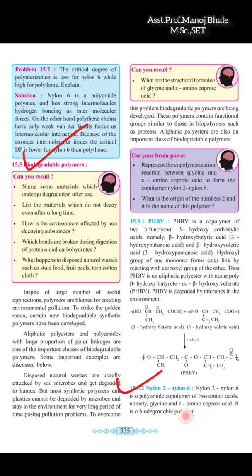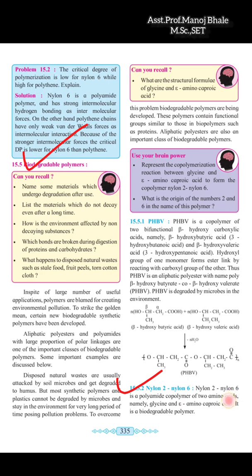So PHBV is a biodegradable polymer, and nylon 2,nylon 6 is also a biodegradable polymer.